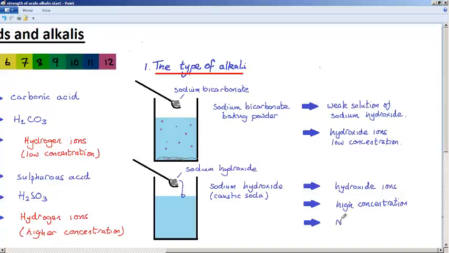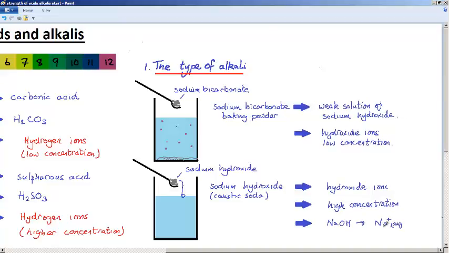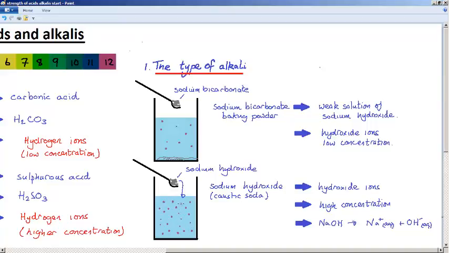So we can write NaOH, sodium hydroxide, produces Na+ (aq), where aq means the sodium ions are in solution, plus OH-. And likewise we can represent the hydroxide ions in this solution. You can see there's a much higher concentration than with the sodium bicarbonate.